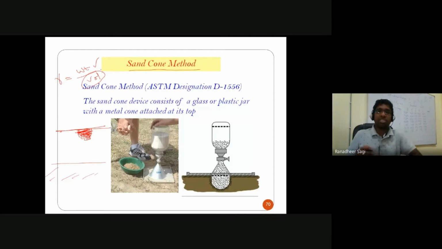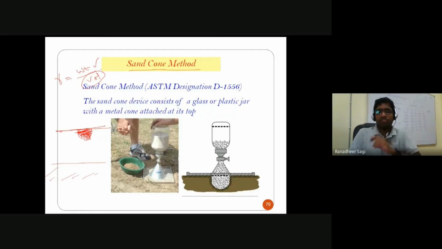But here, from this sand cone method, the volume of the soil which has been excavated is determined only by an approximation. It is not a very accurate approach, because the density of the sand in the container is different from the density of the soil in the field.